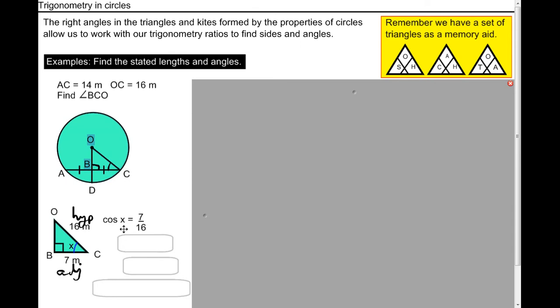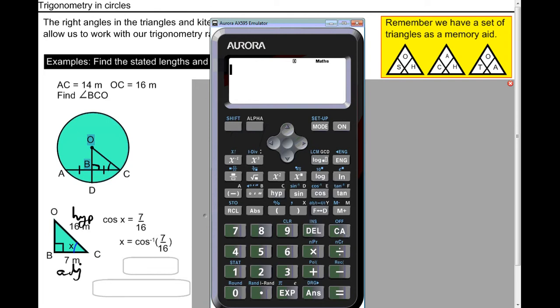Now, I don't want the cosine of x, I want the value of x, the value of the angle. So to do that, I need to find the inverse cosine. Remember, typing this into our calculator, cosine button, I've got the inverse cosine above. So I can push shift, cosine, brings up this cos minus 1, the inverse cosine, and I can just type 7 over 16 and close my brackets.